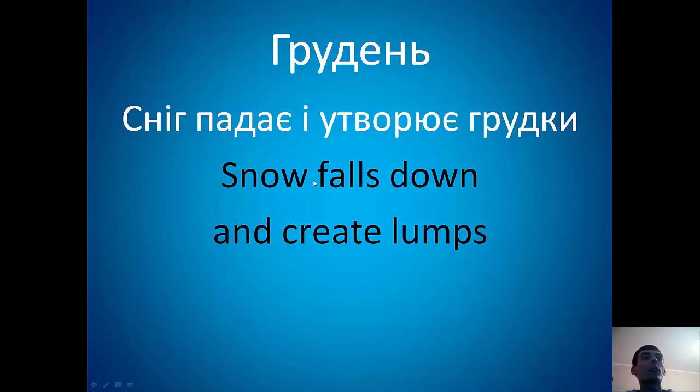Because the snow will probably be in forms like lumps on the ground and maybe small hills, we call it Грудень. And in this month it might already be really cold. For sure it will be snowing, but it depends how much snow will fall down.